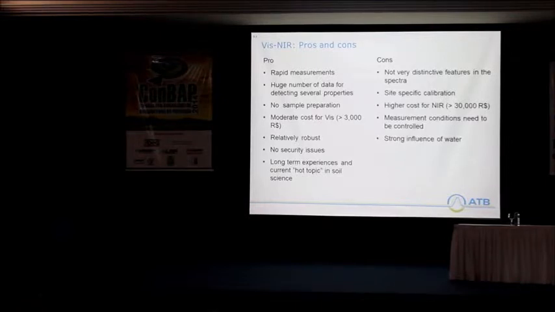However, the problem is there are no distinctive features in the spectra, so there's no direct relationship to the chemical properties. You always need site-specific calibration. Costs for NIR sensors are very high. You need to control the measurement conditions very well, and there's a strong influence of water content on soil spectra.